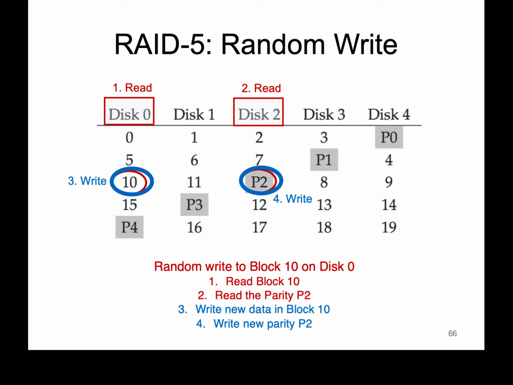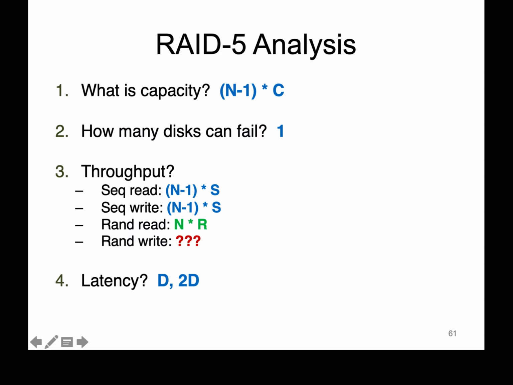For each random write targeting a single logical block, it gets effectively translated into 2 IOs, which take place serially, sequentially. So that is why we have this increasing factor of 2 for random write. All right.